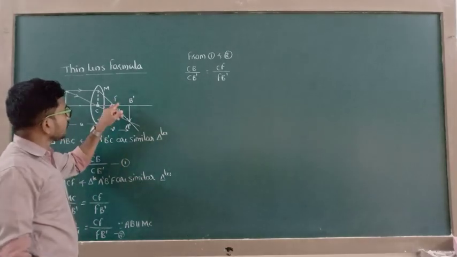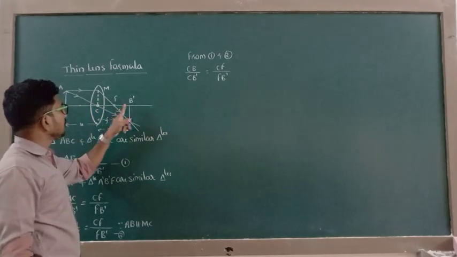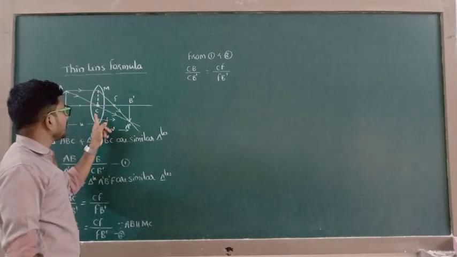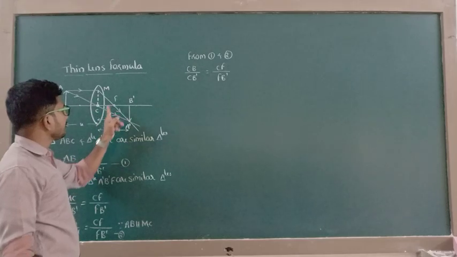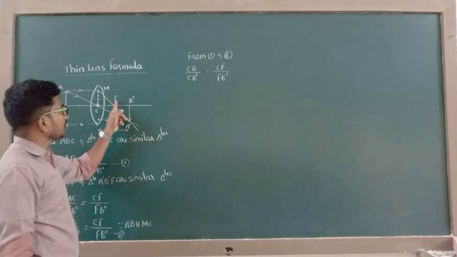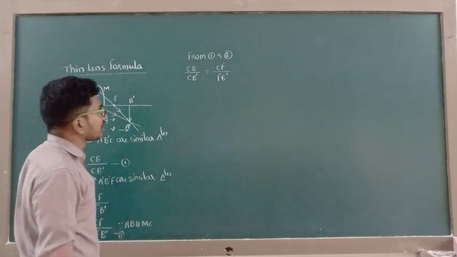Therefore, I am going to write this FB dash as CB dash minus CF, because here we know that CB dash is nothing but image distance and CF is nothing but focal length. That means I am going to convert this FB dash in terms of image distance and focal length.